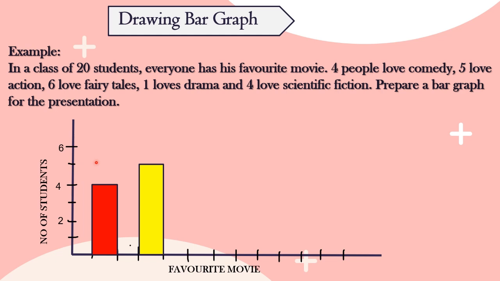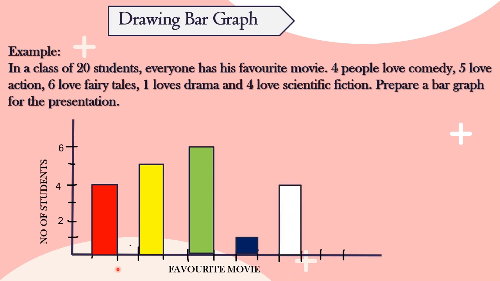You can see this is where 5 stops, then you draw down. Don't forget you are leaving a space. After each bar, you leave a space. So 6 love fairy tales. 1 loves drama. You can see 1 is here. And then 4 love scientific fiction.